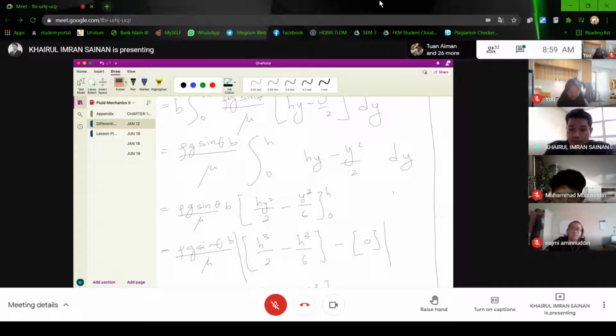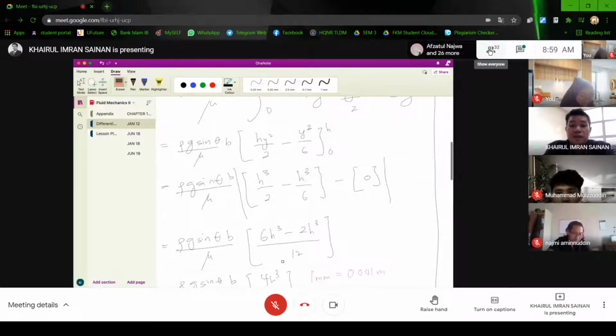Right? So maybe you did not hear earlier. Mistakenly here in your result, this one at the bottom should be 12. 6 minus 2 is 4, divided by 12, so it becomes H cube over 3.